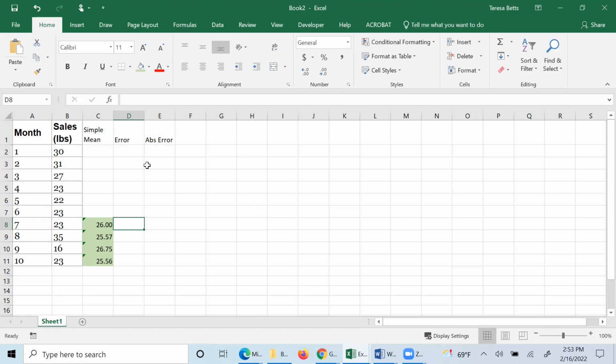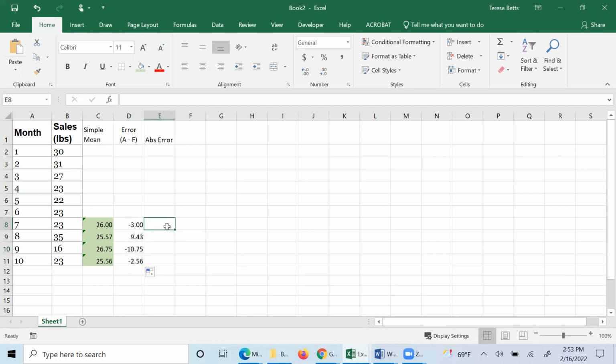My error is always actual minus forecast. Alt return so that I could get that to show. Actual is what we have here, and forecast is what we have here. So boom.